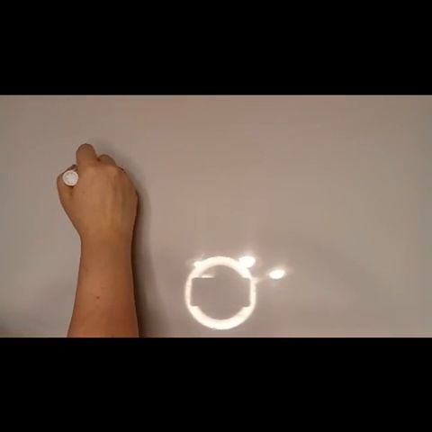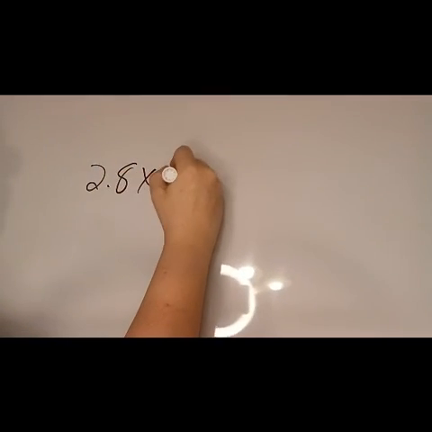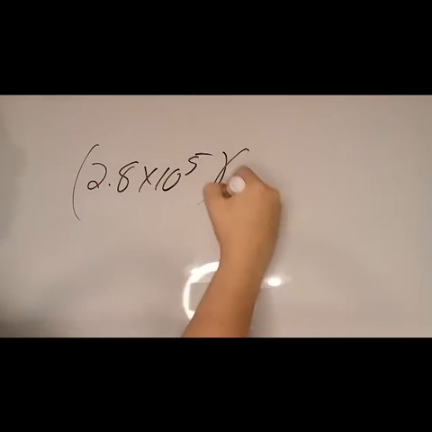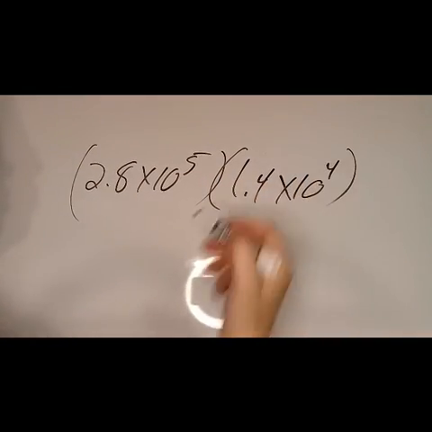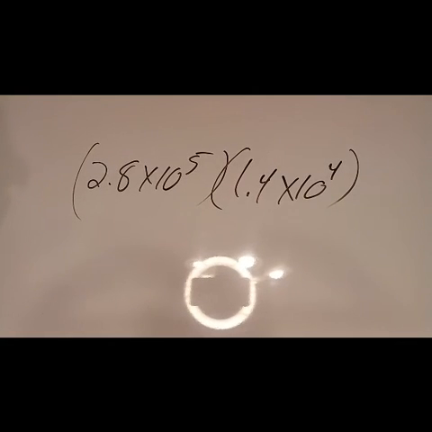Now let's look at multiplication and division. Okay. We're going to do 2.8 times 10 to the 5th times 1.4 times 10 to the 4th. Okay? What we do is we multiply these. Okay?